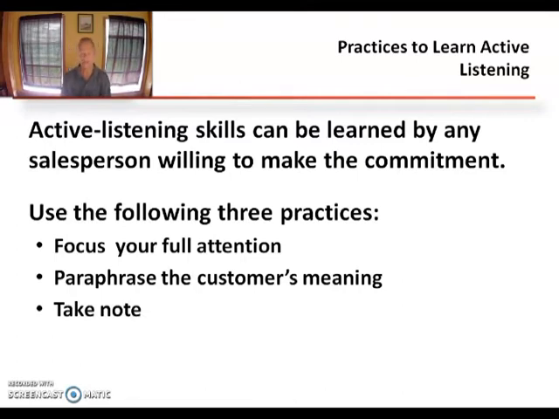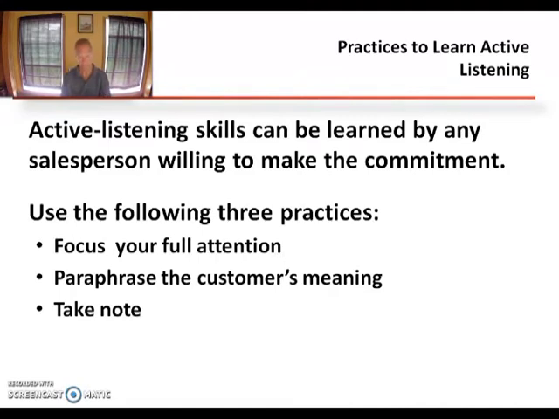Remember the other day I told you that your homework for the next 6 weeks was to cut out the ums, the ahs, the likes, or what I would call the filler. It's the same thing with active listening. Over the next 6 weeks, as you're taking these courses, I want you to concentrate on active listening skills, focusing your full attention, paraphrasing the customer's meanings or whoever you're talking to.